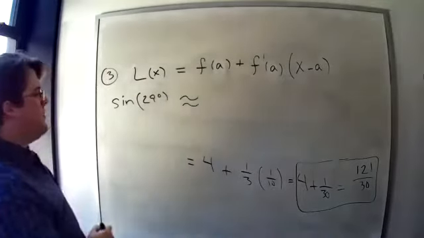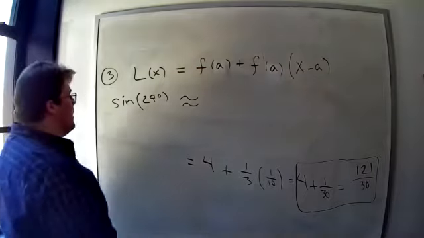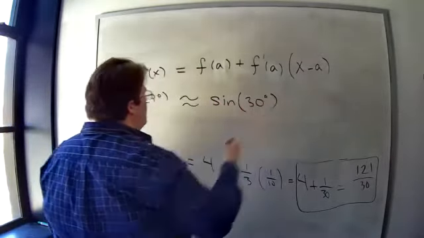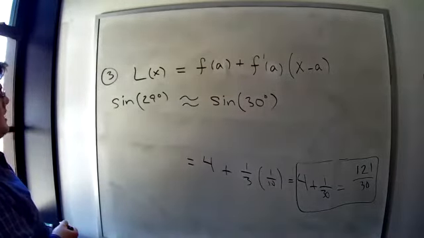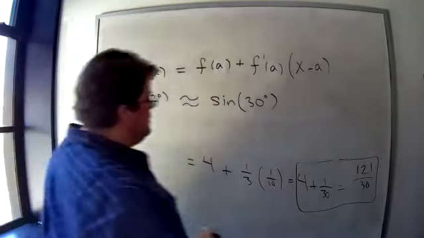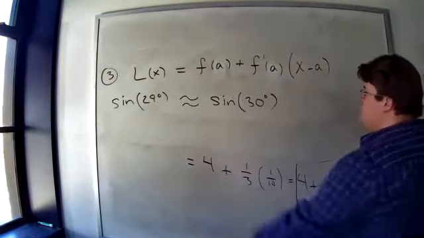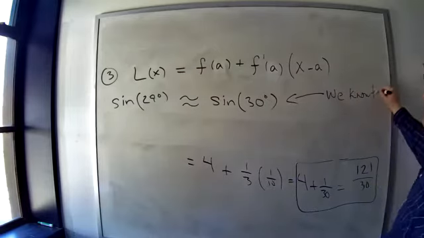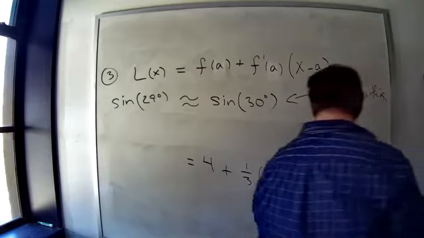But remember, from a 30, 60, 90, pi over 6, pi over 3, pi over 2 triangle, we can easily find, using the triangle, the sine of 30 degrees, the sine of pi over 6. So what we're going to do is use a linear approximation near this value we know. We know this. What is it? It's a half, I think.